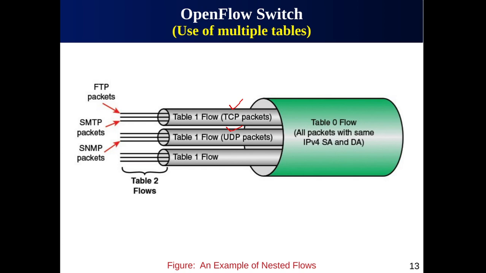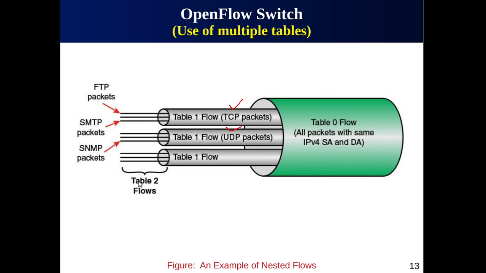Now any of the table 1 entries could immediately route its respective subflow to the output port, but some or all of the entries may invoke table 2. You can see here table 2 further divides each subflow.